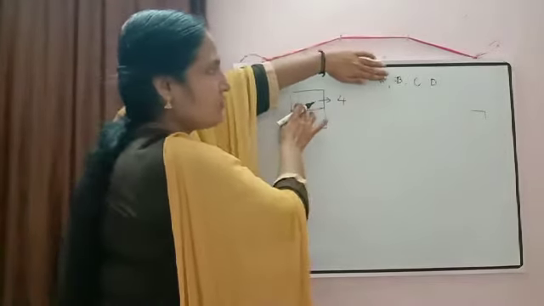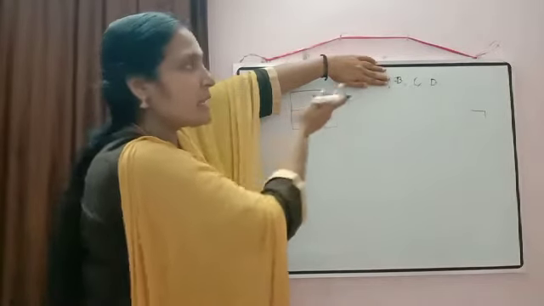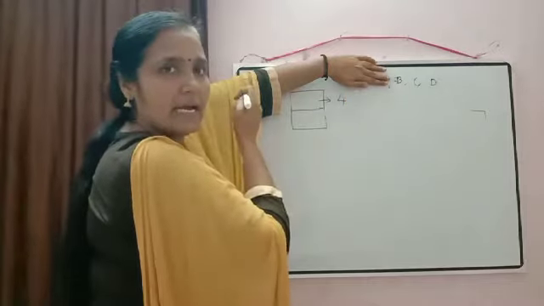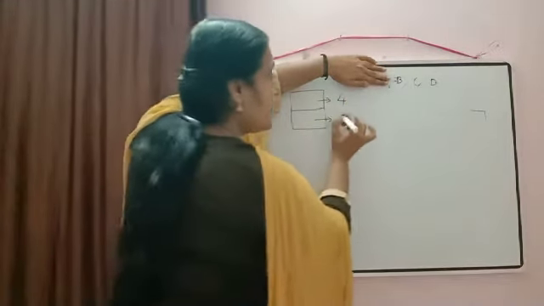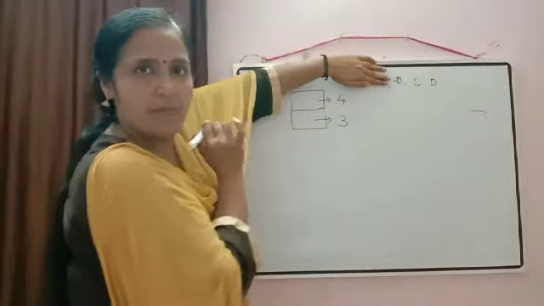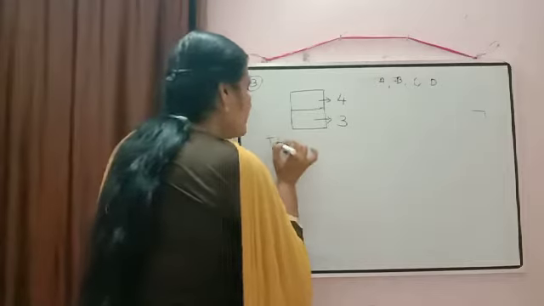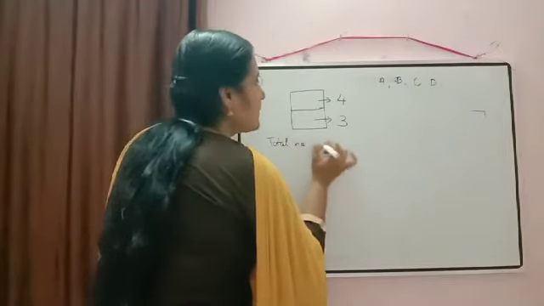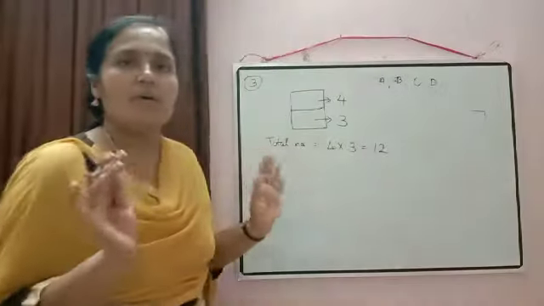Now which flag can I use? Either B or C or D. So for the second place, we have only 3 options available. Clear? So just write down there, total number is equal to 4 into 3, which is equal to 12.